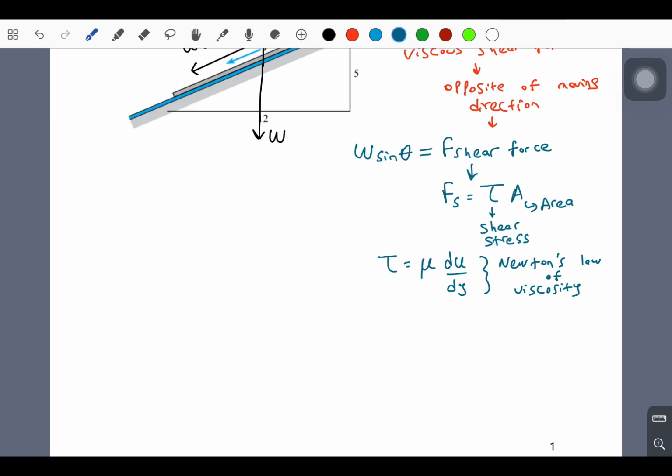So this actually explains the change of shear stress with the velocity change. And here, this is actually position measured from the wall.